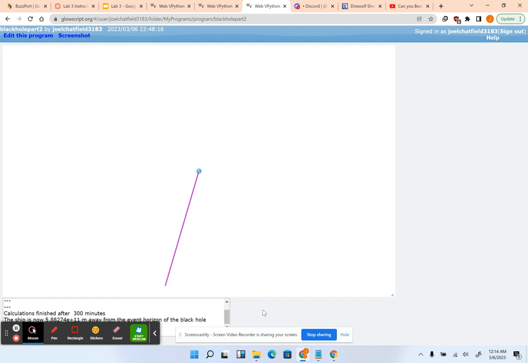Basically, the ship fires itself and uses its velocity to go very close to the black hole, and then uses the force of the black hole plus its initial velocity to slingshot itself out of orbit, with the force of the black hole allowing it to accelerate enough, plus its initial momentum.